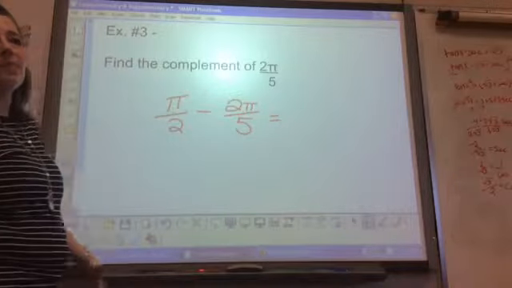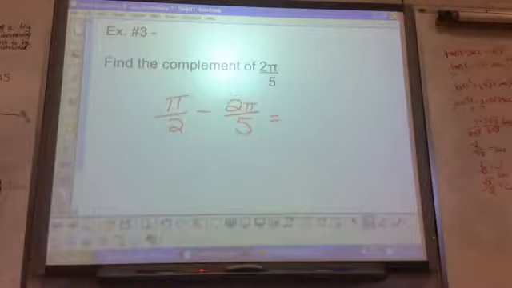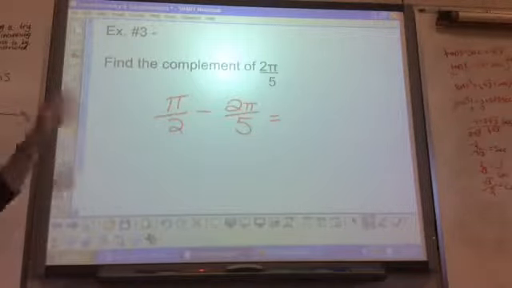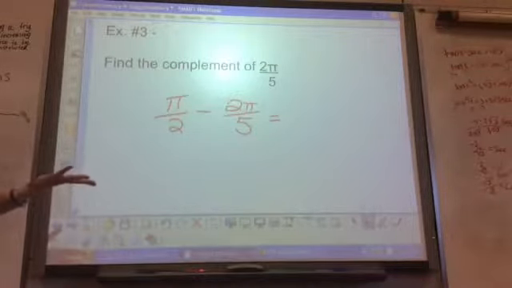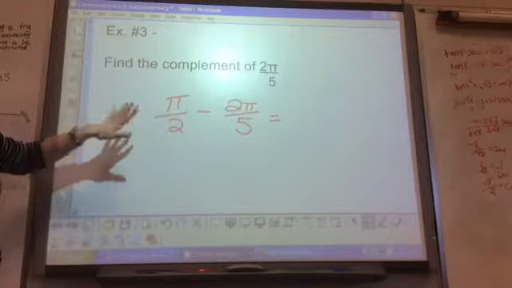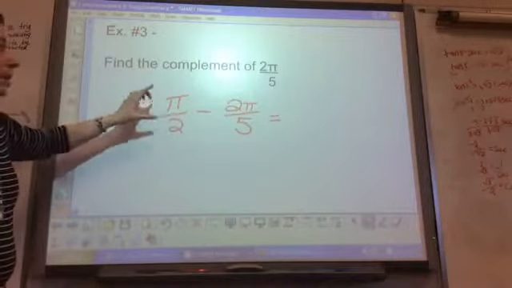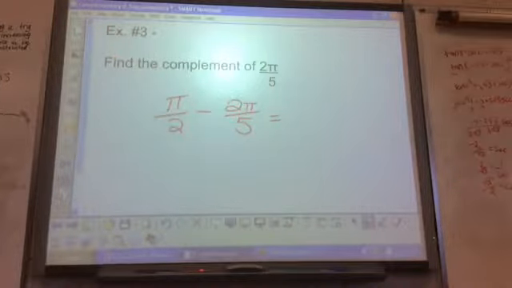Now, don't attempt to do this on your own, because when you subtract two fractions with different denominators, you've got to find the least common denominator, and then you've got to fix everything. Unless you're super good at that, just use a calculator. A lot of people are good enough to do that, but don't mess up the problem just because you're trying to remember your fractions. Type it in. So what would this be? Pi over 10?